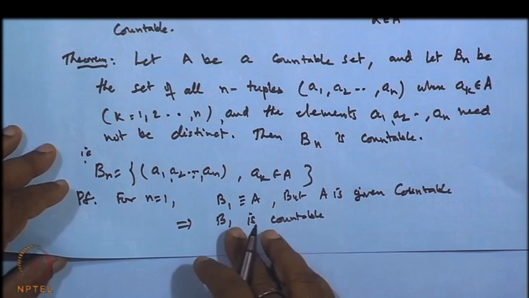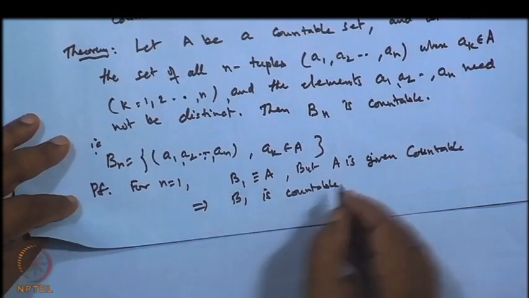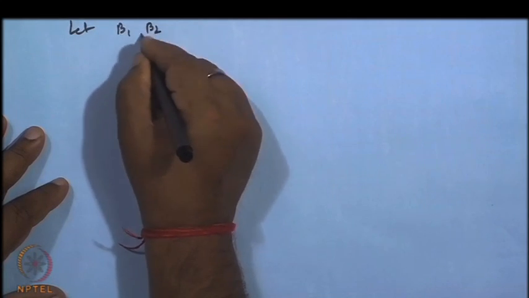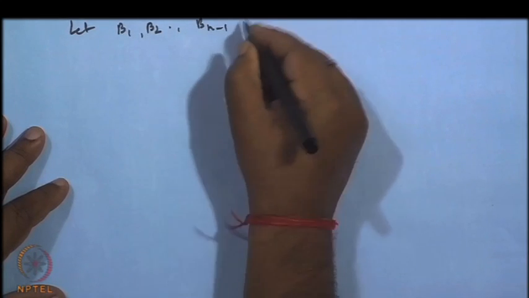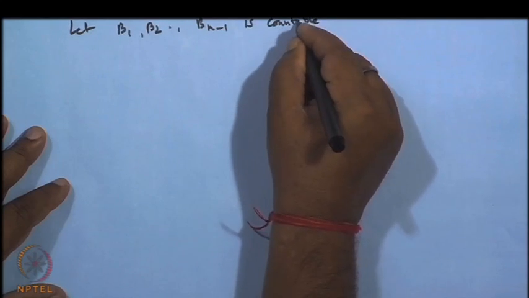So, let us assume that up to B_{n-1} is countable. Let B_1, B_2, ..., B_{n-1} be countable sets. Okay. Now, we will prove it for B_n.